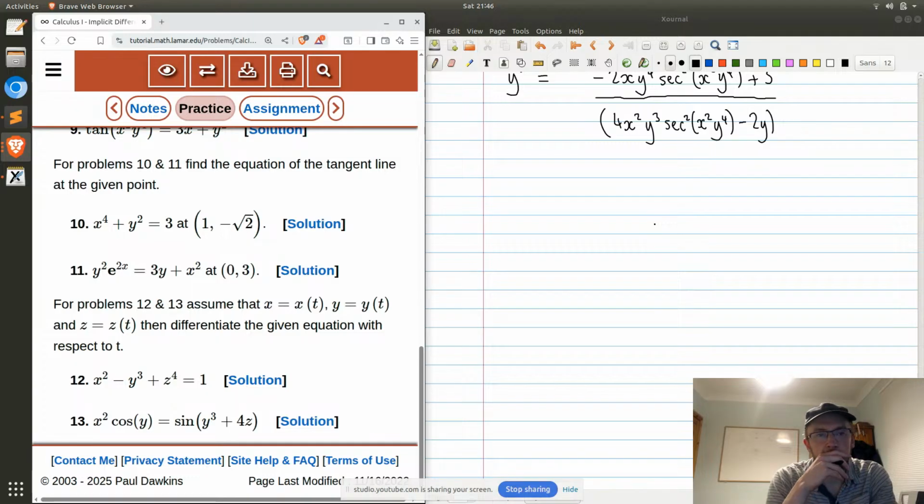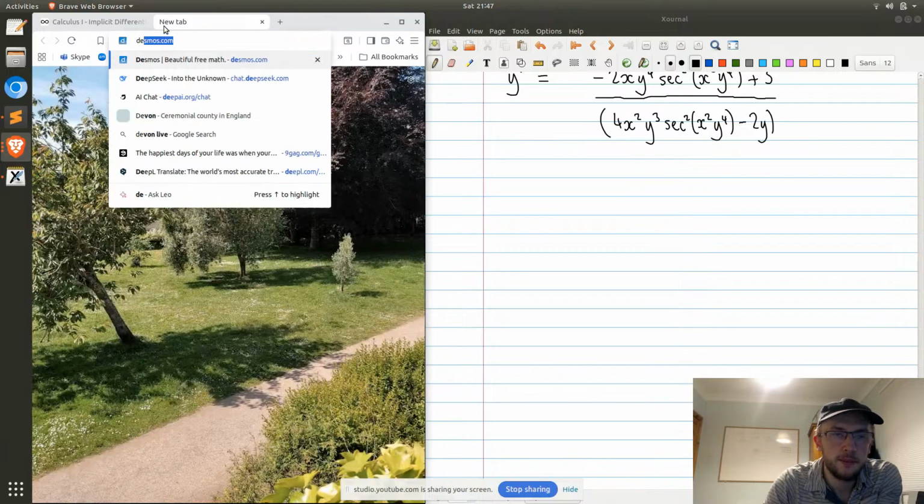For problems 10 and 11, find the equation of the tangent line at the given point. X to the 4 plus y squared equals 3. I'm kind of curious what that graph looks like.